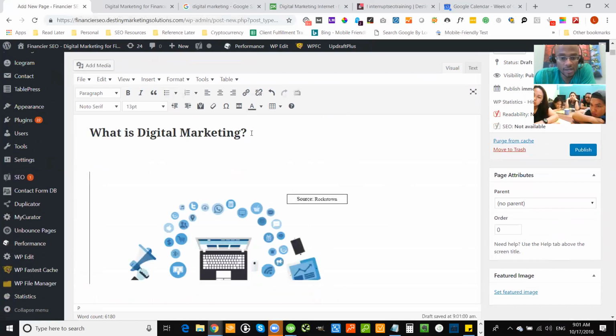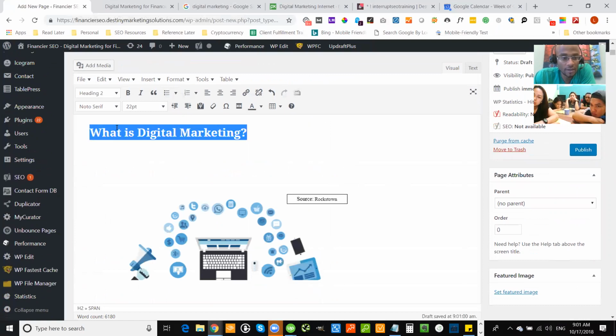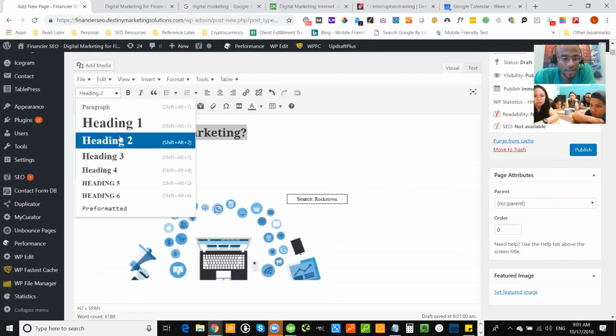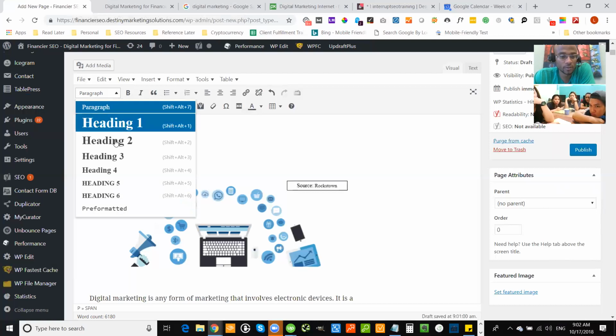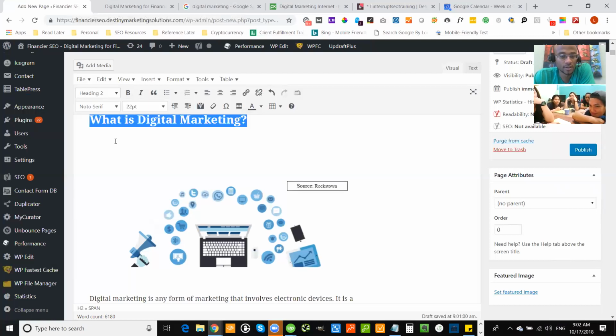The way to change a tag, you would just highlight it and then go here, and pick heading 2, heading 3, or so forth. For this one, I picked heading 2, but let's say I wanted to make it a heading 3 tag, then I would just pick heading 3. Sometimes WordPress acts weird, so you have to do it twice. So it's heading 2, and you'll know because it's a little bit bigger than before.